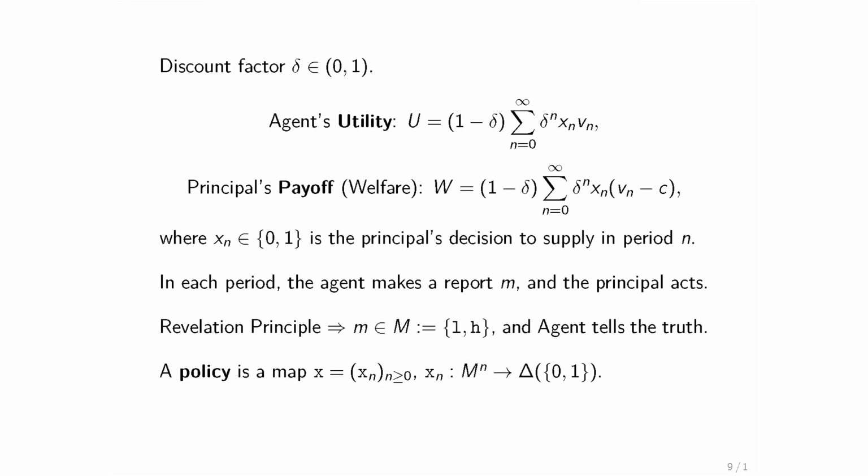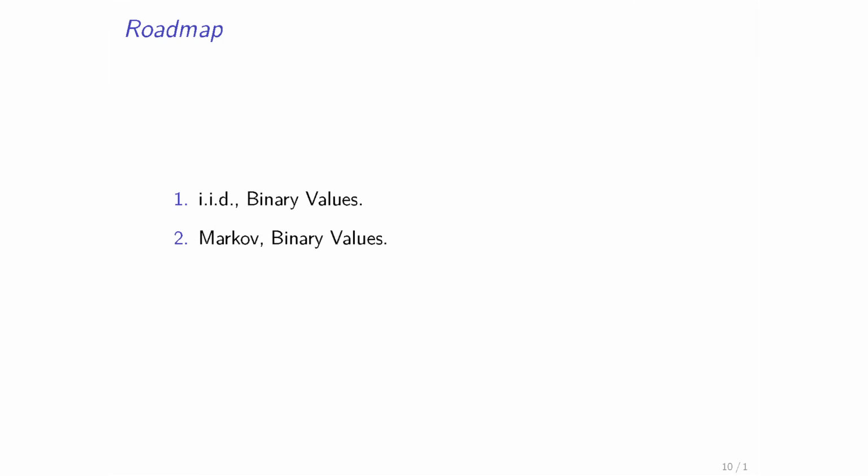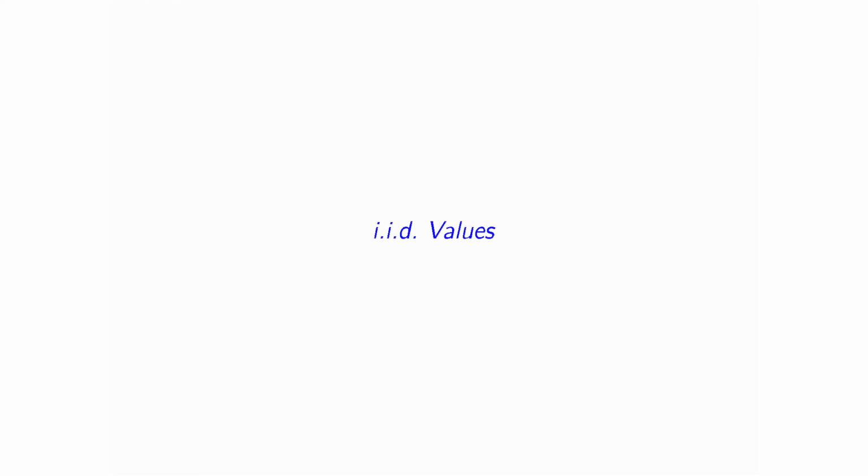Okay. For today's talk, I will start with the very simple case, the IID value, and then I will move on to the Markov case. And if we have time, eventually I'll talk about the optimal mechanism with continuous types. But I suppose we don't have that much time. We'll see. Okay, so the IID case is very simple.